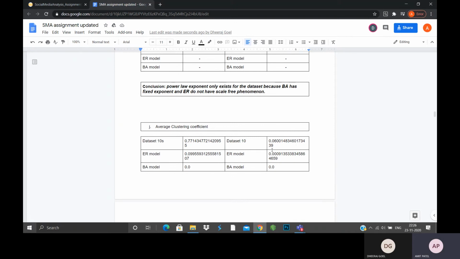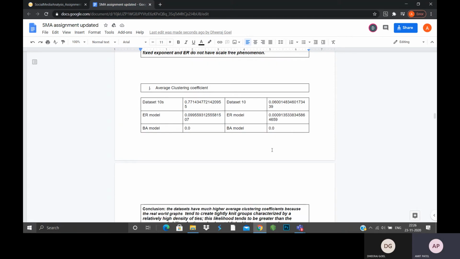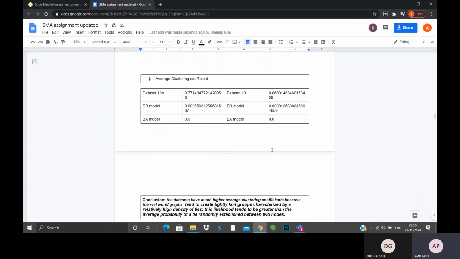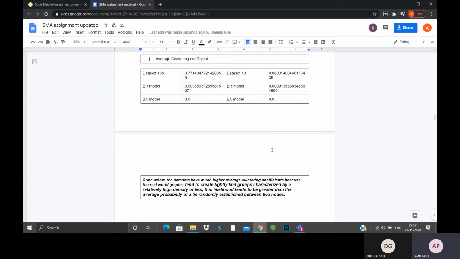Average clustering coefficient: basically in every graph there are clusters formed. As you can see, the clusters are basically a group of nodes closely connected, right? So when they are tightly connected or tightly knit, graphs characterized by relatively high density of ties, this likelihood tends to be greater than the average probability of a tie randomly established between two nodes, right?